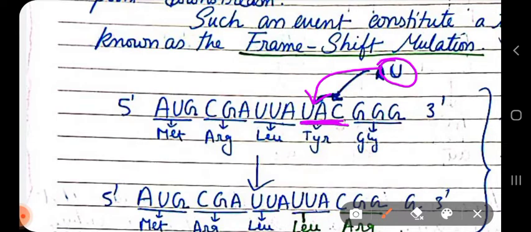This UAC codon codes for tyrosine until now. But when the nucleotide uracil is added into this UAC codon between U and A, let us see what changes occur from that point.